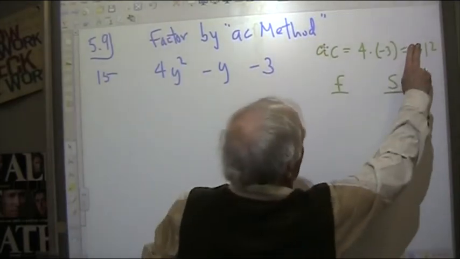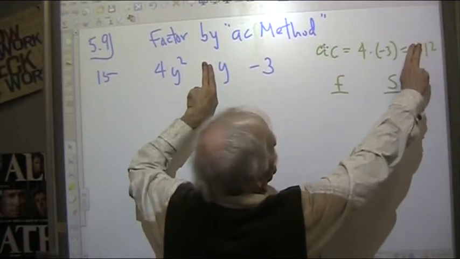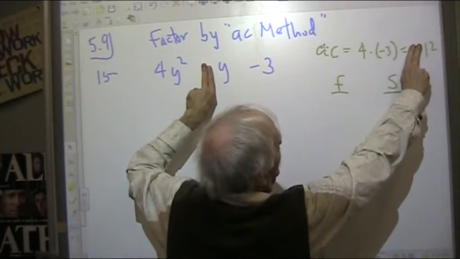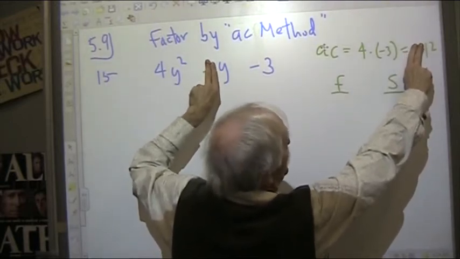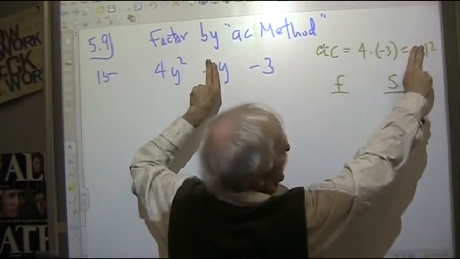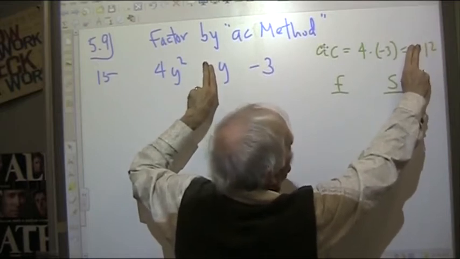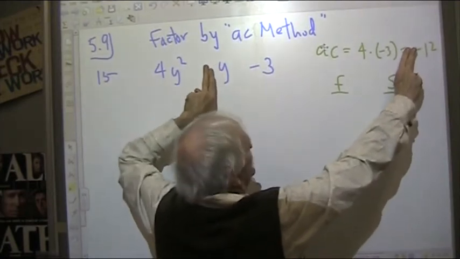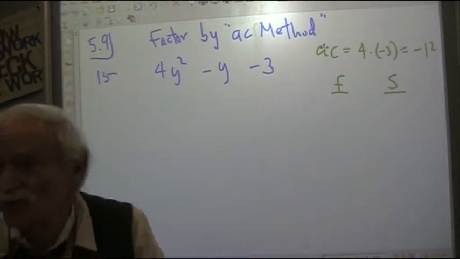We're seeking factors of the number 12 that subtract to 1. Remember, whenever this is negative, you cover up the sign and seek factors of that number itself that subtract to this number itself. So what might those two factors be?